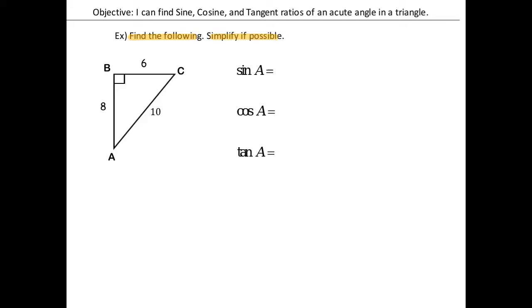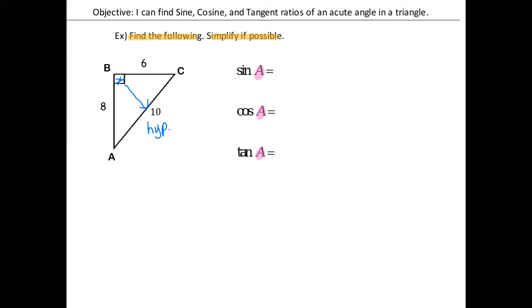The very first thing you want to do is label your sides just like we practiced. Find your right angle. The side across from the right angle is what? Hypotenuse. Good. Then I need to identify what angle I'm looking at. In this case, it says angle A for all three of those.